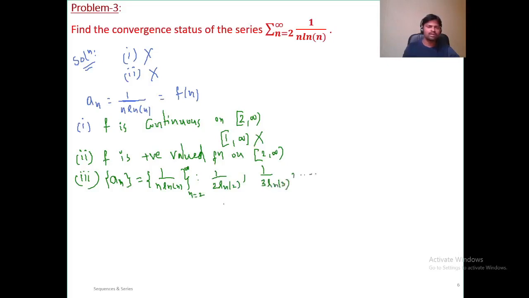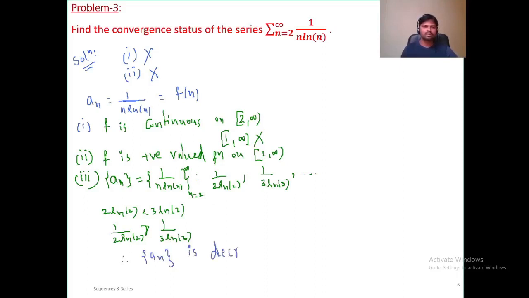Clearly 2 ln 2 is always less than 3 ln 3, so if you take the reciprocal, 1 by 2 ln 2 is always more than 1 by 3 ln 3. Therefore this number is lesser than this number, so the sequence an is a decreasing sequence. So all the three conditions are fulfilled.